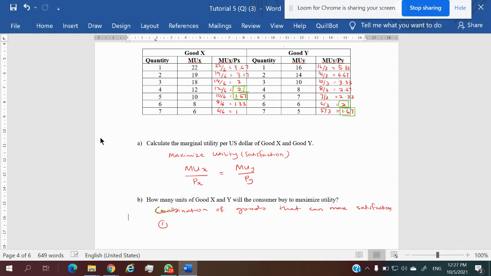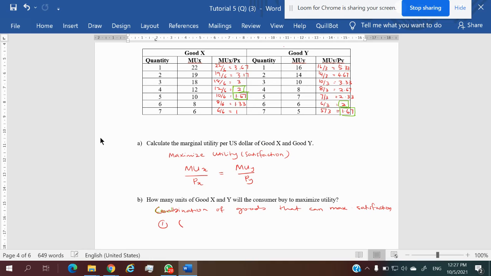The first combination is here, 2. Use the value over here. 2 comes from 4 units of good X, and this one is 6 units of good Y.